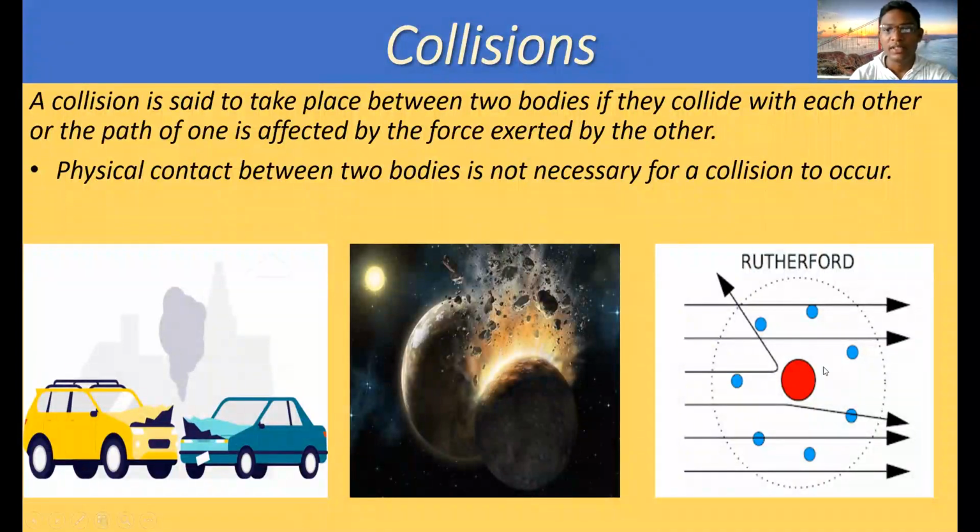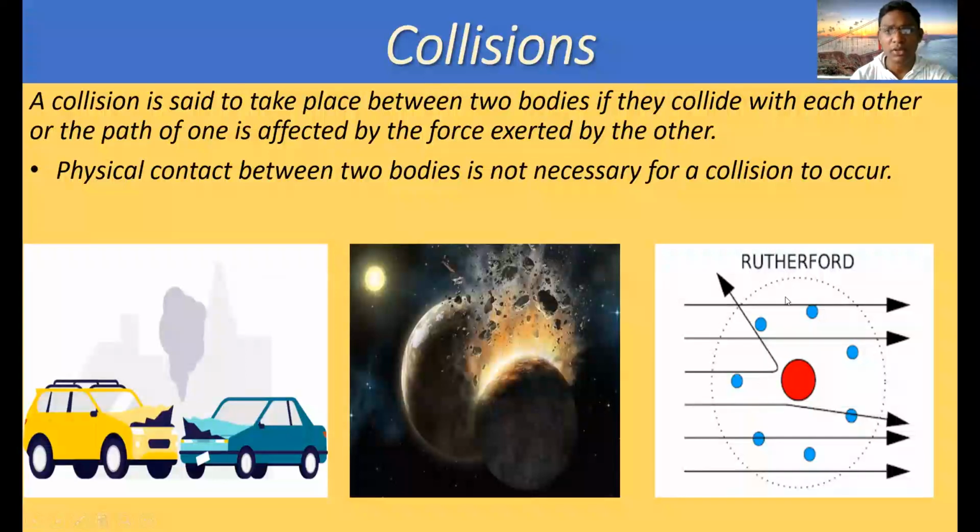But see here, this is Rutherford's alpha particle scattering experiment. You might have studied it in the 9th or 10th standard. This is the discovery of the nucleus, Rutherford's atomic model. Here the incoming alpha particle doesn't touch the nucleus. There is no physical contact, but there is a deflection in its path, and this deflection is because of the force of the nucleus.